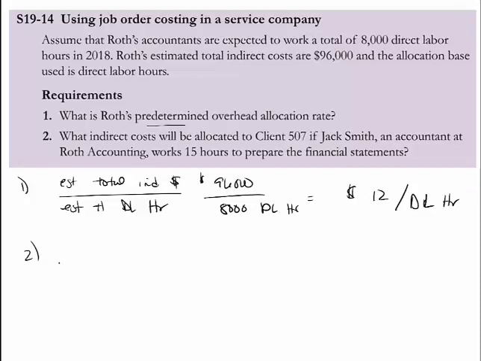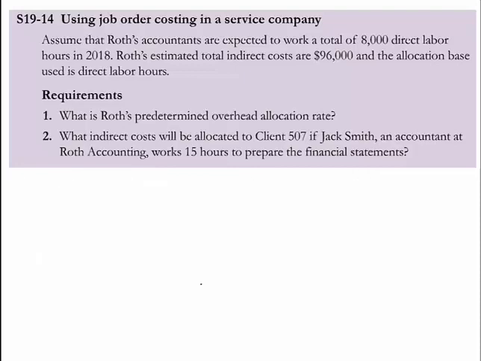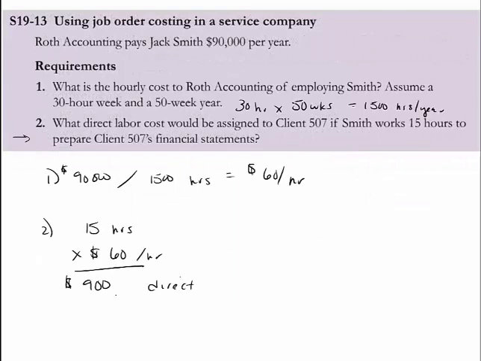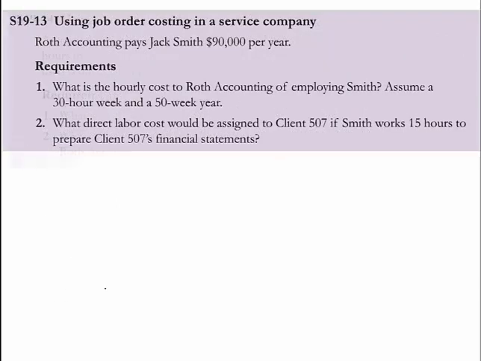So if we look at the same client, Jack Smith worked 15 hours on client number 507. So 15 hours, and then we use this predetermined overhead rate of $12 per hour. So we'll have $180 in indirect costs. And then the total, which they didn't really ask us for in here, but if we go back here, he worked 15 hours on this, so there was $900 in direct costs.